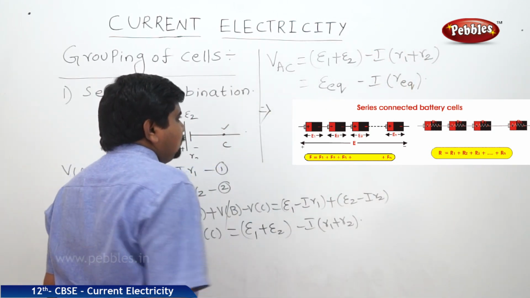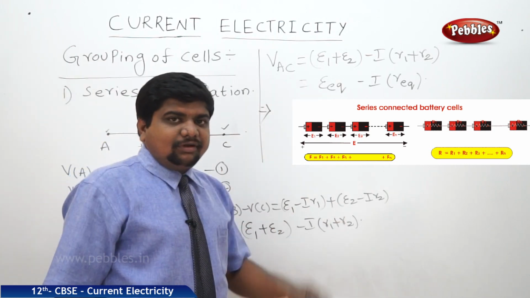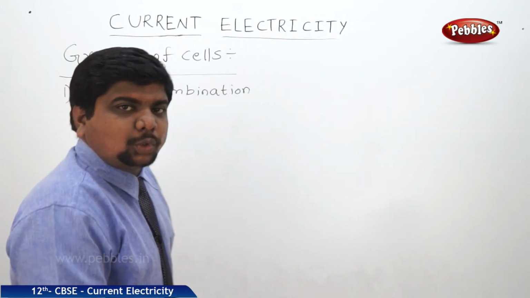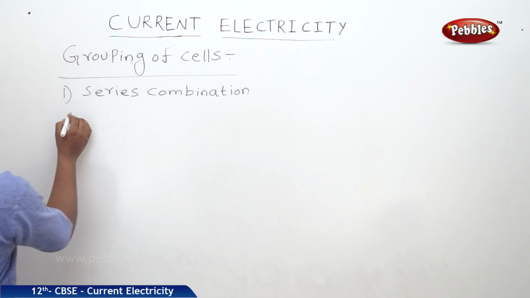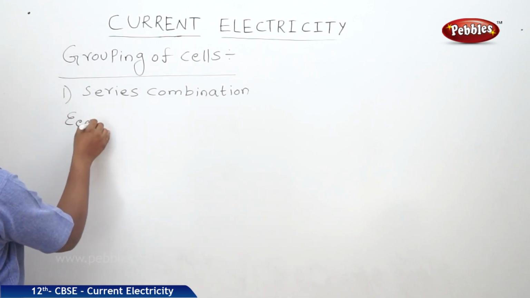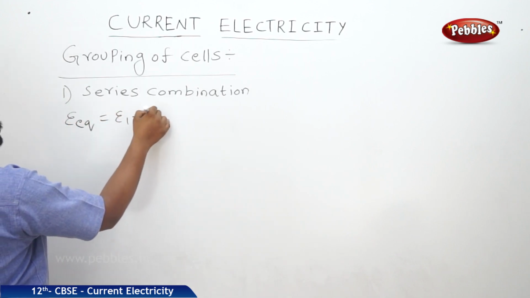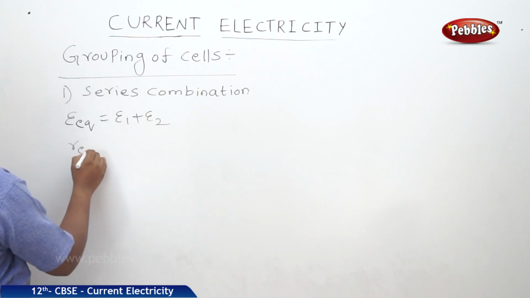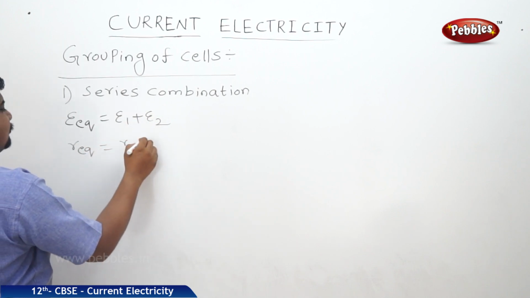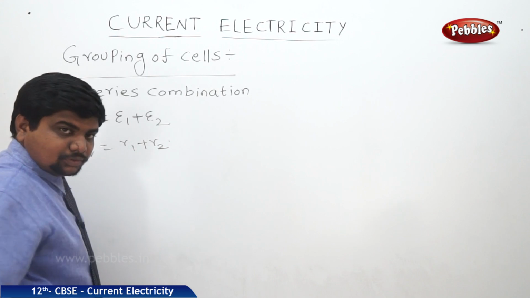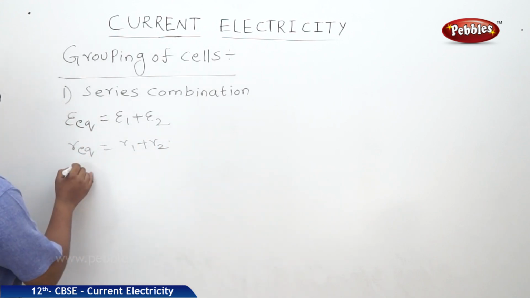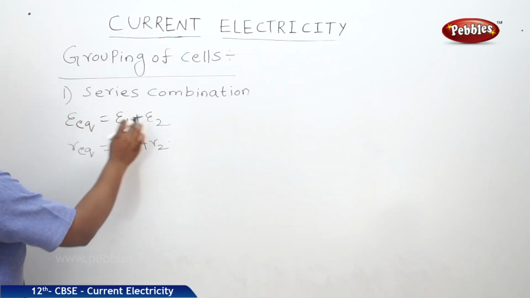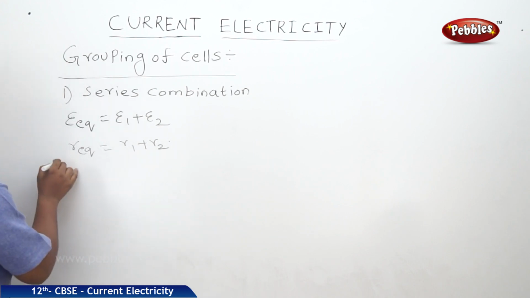So the rules will be as follows. Now we will see the rules in the series combination. We got E equivalent is equal to E1 plus E2, and R equivalent we got R1 plus R2. So what is the rule?